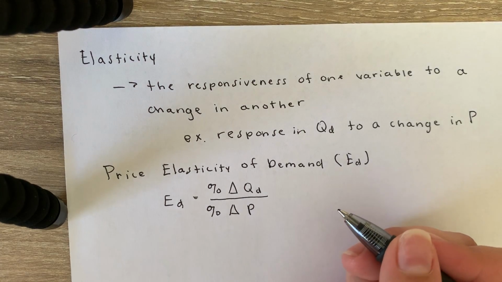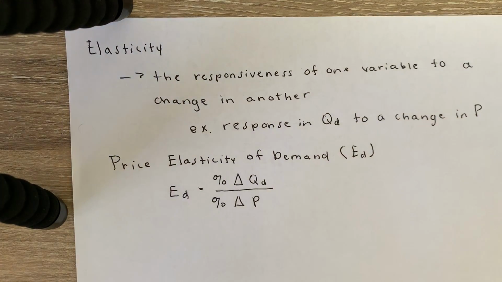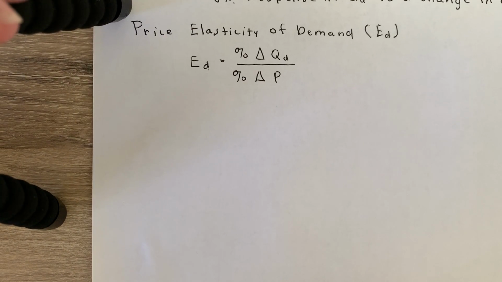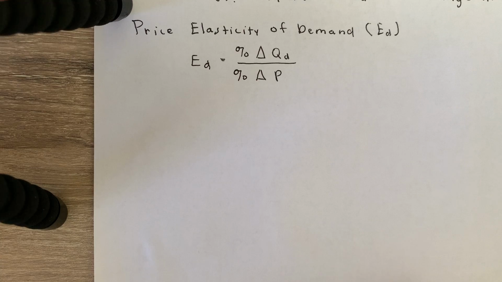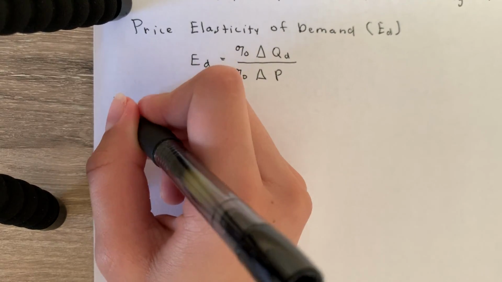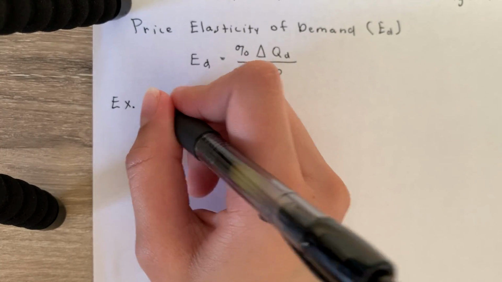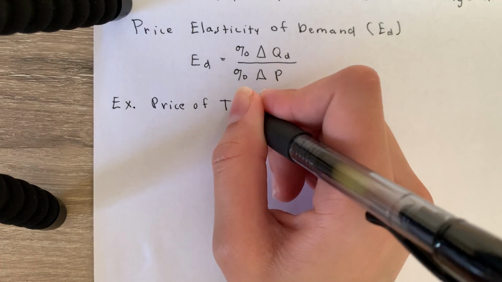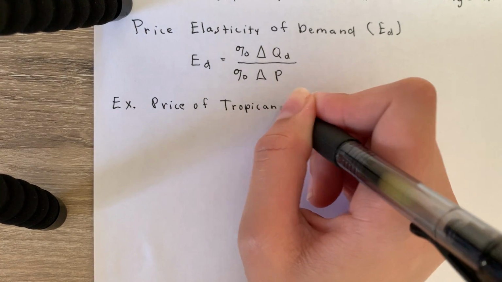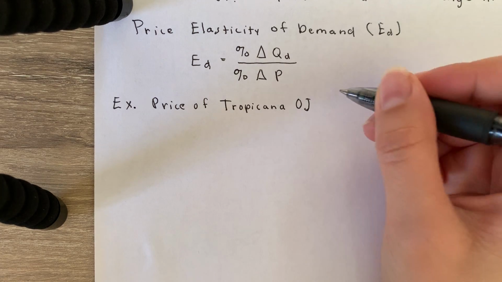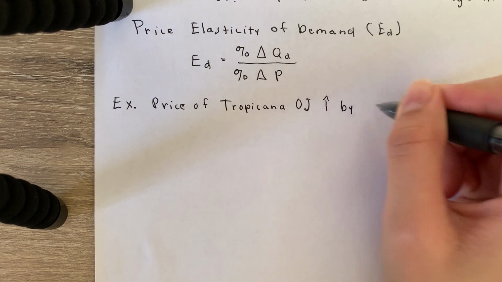So for example, let me move this up just a little bit. We have the price of Tropicana orange juice, I'm just going to put OJ, increases by 20%.